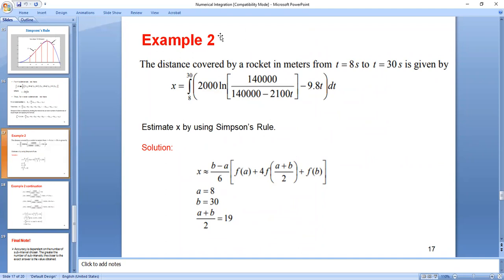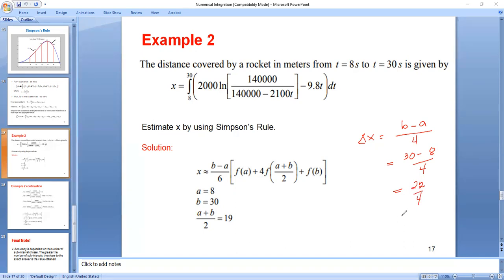If I will have a delta x of b minus a divided by 4, that would be 30 minus 8 divided by 4, and that would be 22 divided by 4.